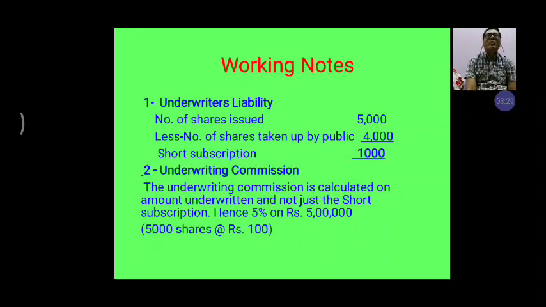So 5,000 into 100, how many? 5 lakh. And the commission agreed is 5%. The entire issue was underwritten, so commission is also on the entire issue, and that entire issue is rupees 5 lakh. So 5% on 5 lakh, that is the commission.